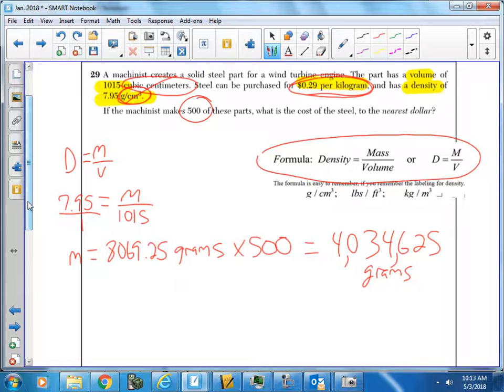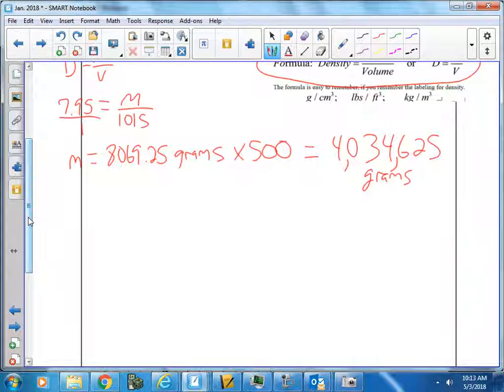So you don't want to just multiply this number by 29 cents, because this is how many grams. We need to convert that to kilograms. There are 1,000 grams in a kilogram, so all you have to do is move the decimal over 3 places. Remember, 3 places would be the 1,000th place.